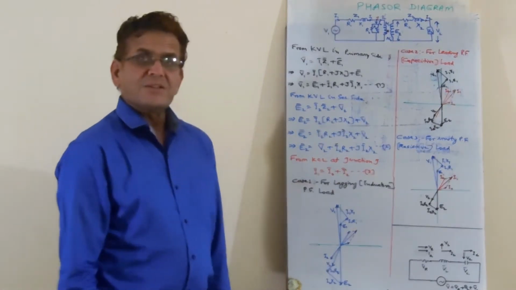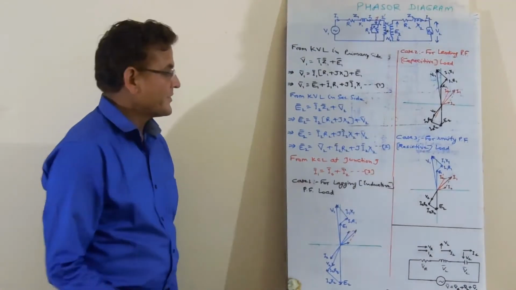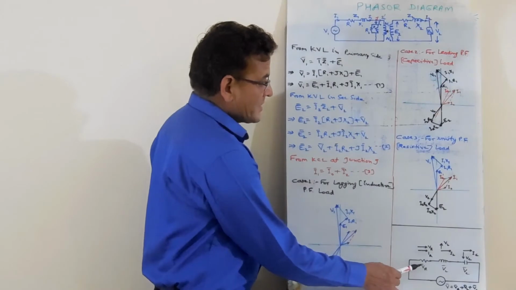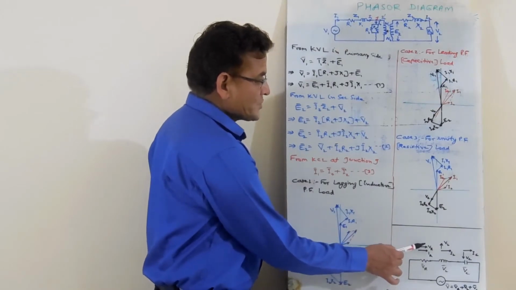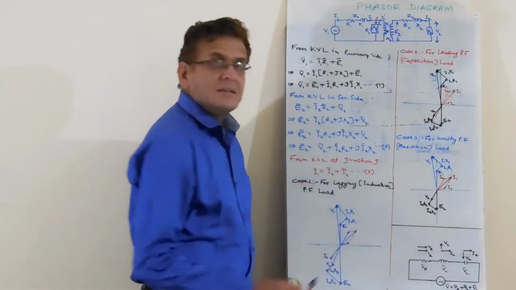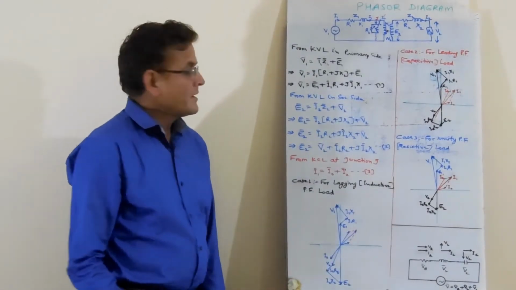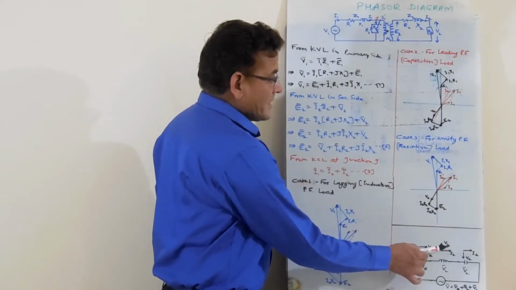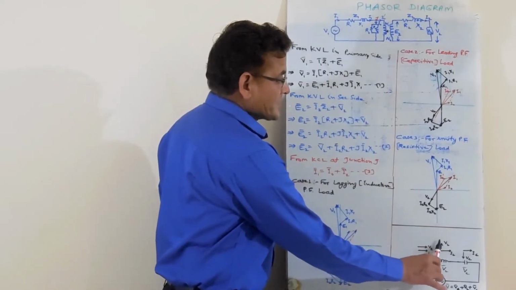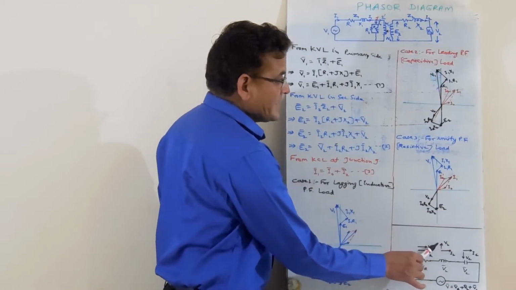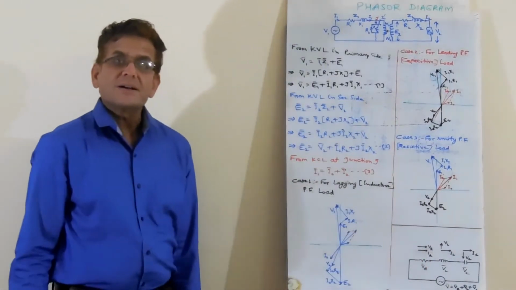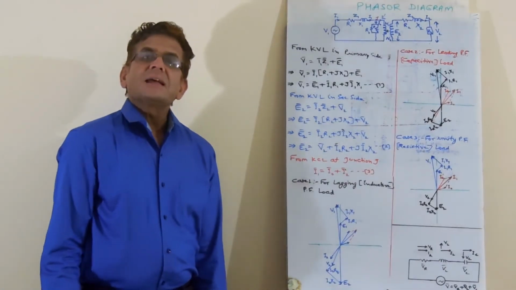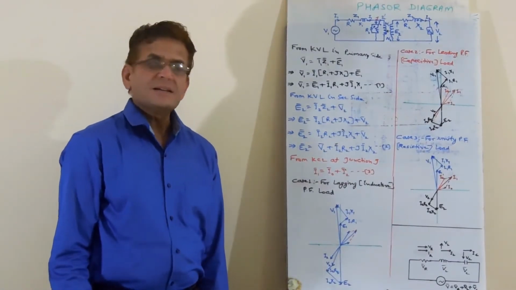So taking current as reference, with respect to current, in a resistance R, voltage across R and current through R are in the same phase. In inductance L, voltage across inductor leads the current through inductor by 90 degree. In inductor, voltage leads by 90 degree or current lags the voltage by 90 degree.